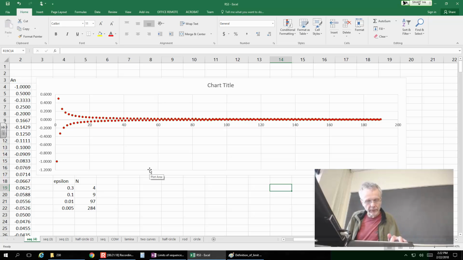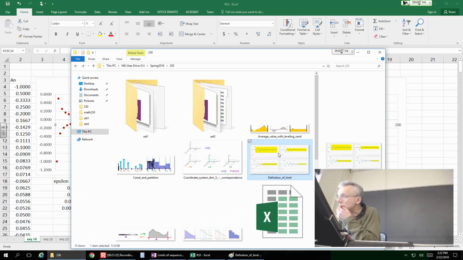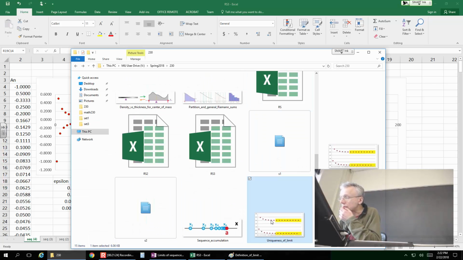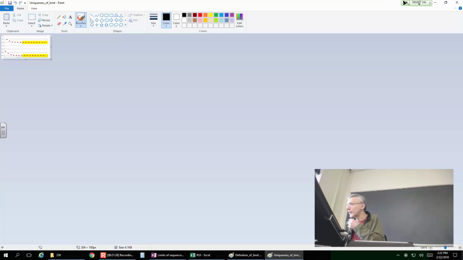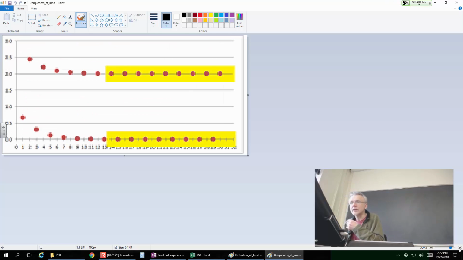Let's do a couple of examples. Here's another example, just an illustration of a kind of divergence you might face. This isn't two sequences, this is one sequence. As you can see, I go this way and then down.